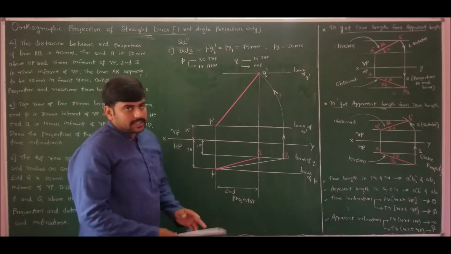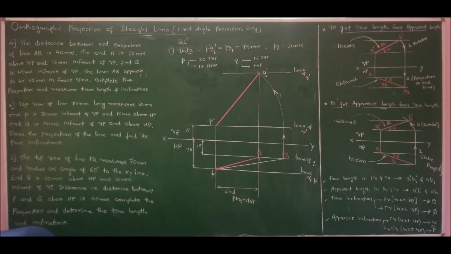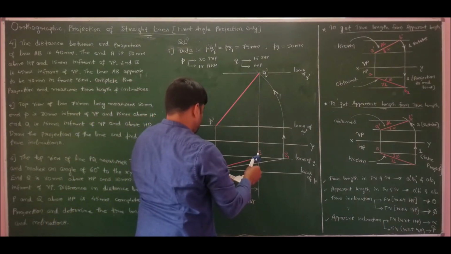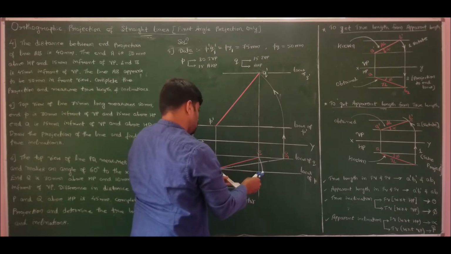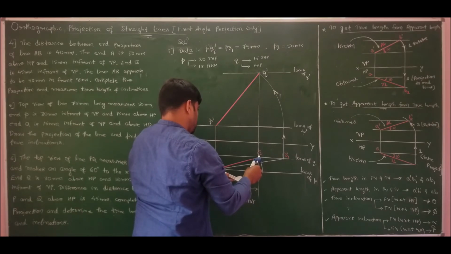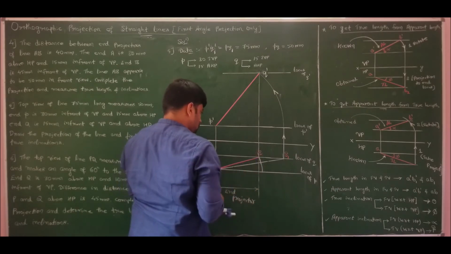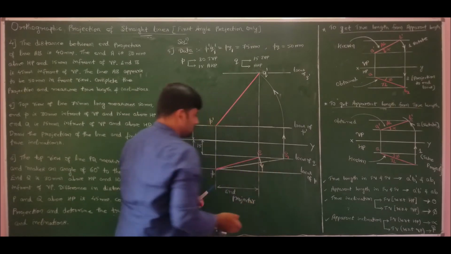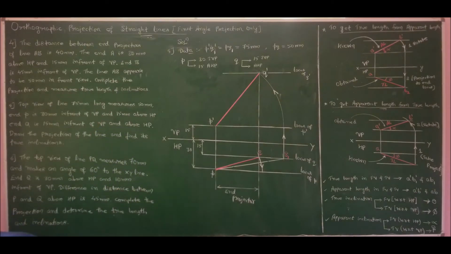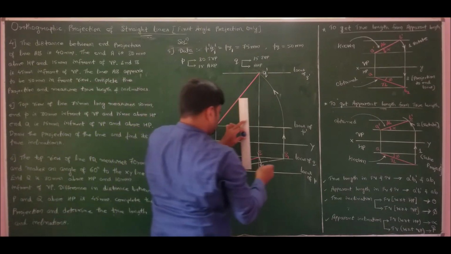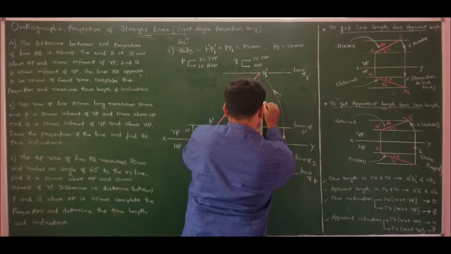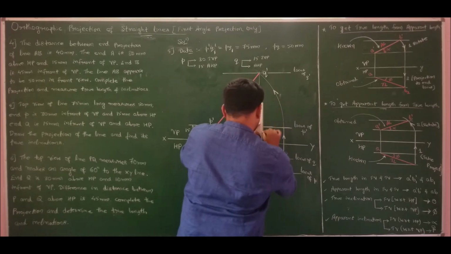Let me use this method so that it will give good practice for us, and also I can verify the value of true length once again. So first I rotated and made it parallel. Now I should drop a perpendicular from the point where I made it parallel.